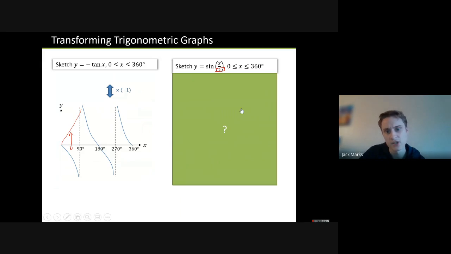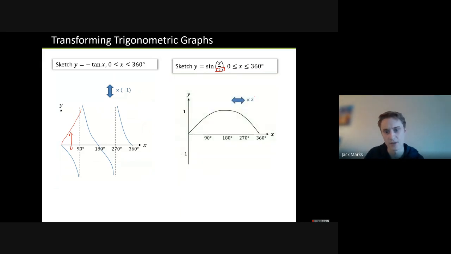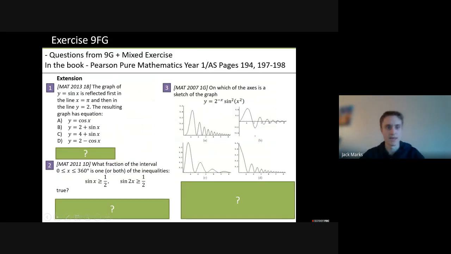So this will actually stretch in the x direction by a factor of 2. It only wants between 0 and 360. So you won't actually draw a full cycle of sine here because it would go like this for the rest. So you get just this sort of hill shape. Okay, and that leaves you with the exercises at the end of chapter 9. Sine, cos, and tan are revisited quite extensively in chapter 10.